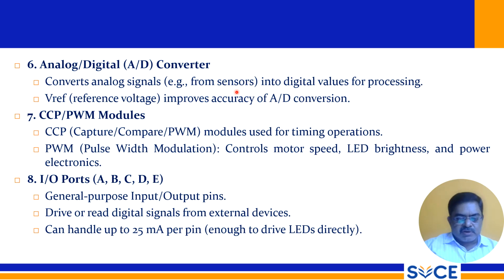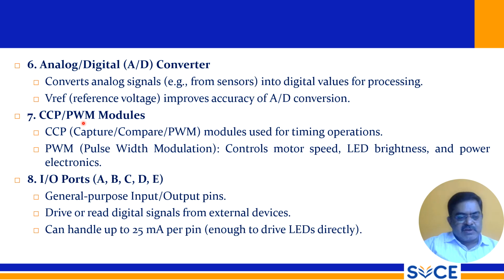Obviously the microcontroller is a digital device, it cannot understand analog input, so you have to convert it into digital values for processing. V reference, the reference voltage, is used here and improves the accuracy of A to D conversion.